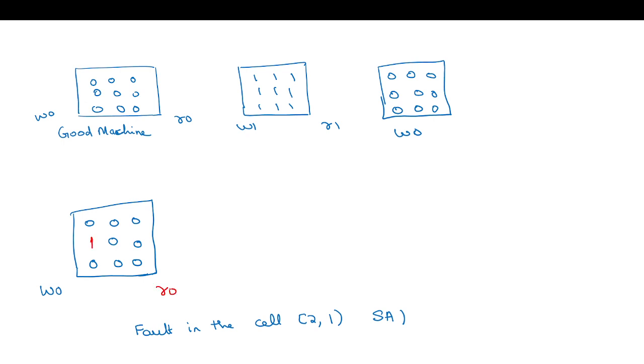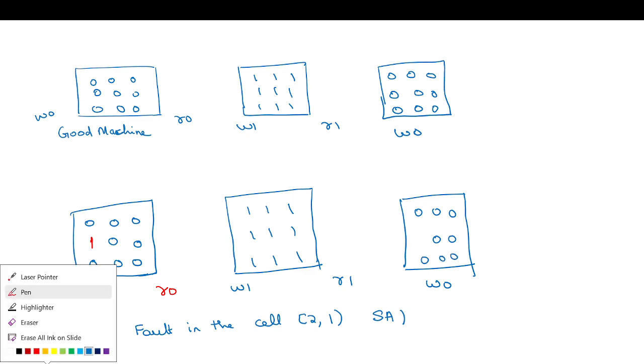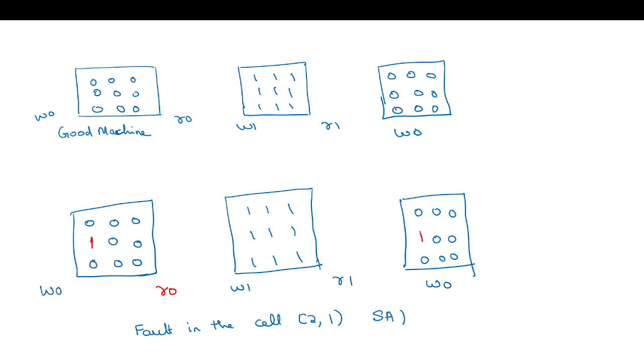So we can identify this when we are writing 0, because it's stuck at 1. And next, writing 1, yes, no problem. Further, we have to write a 0. So the content of the cells remain the same, but this bit remains.